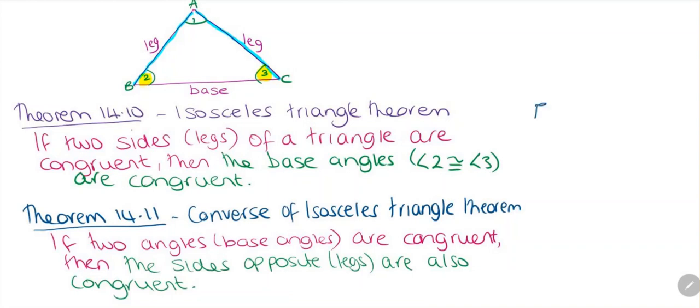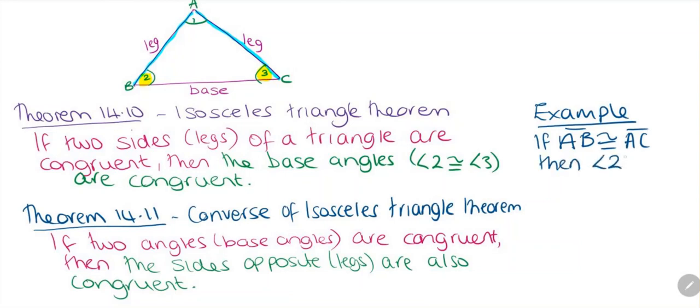So let's put by here, example, if AB is congruent to AC, then angle 2 is congruent to angle 3.